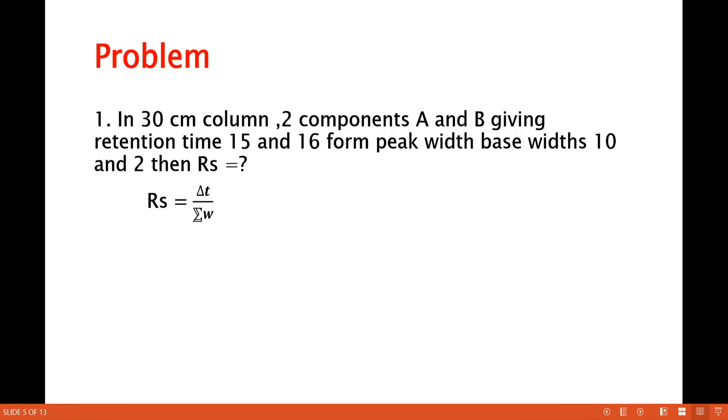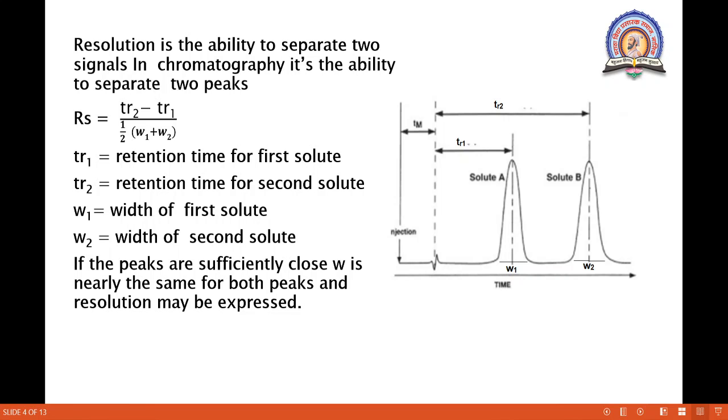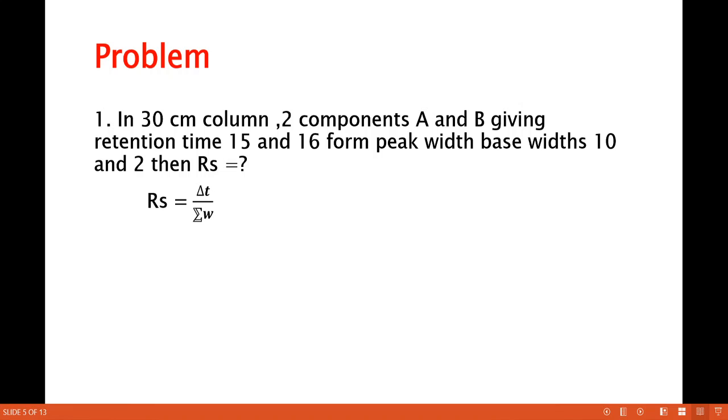So the formula is RS is equal to TR2 minus TR1, that is nothing but the delta T, and below that the summation of W. So here this delta T is nothing but 16 minus 15. 16 is the retention time for the second solute, and this one is the retention time for the first solute.